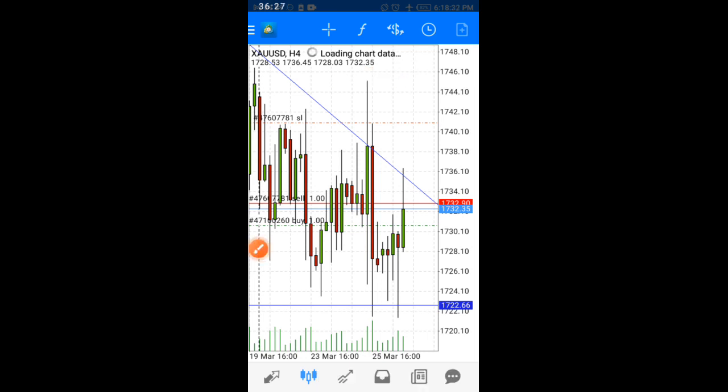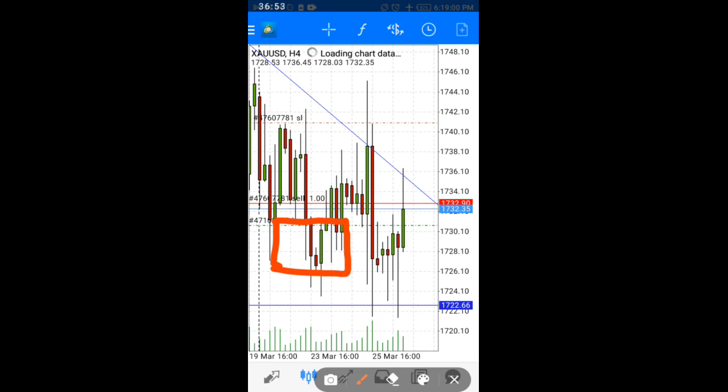This is a live chart now. So, assuming immediately you saw this pattern: the first candlestick, the second small one, and the third one.